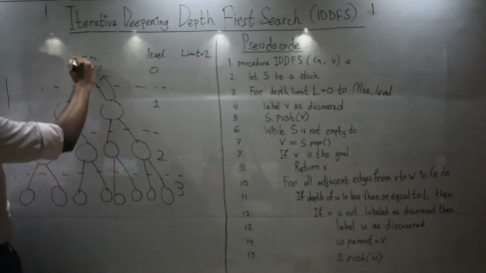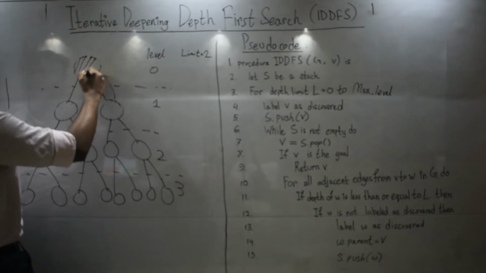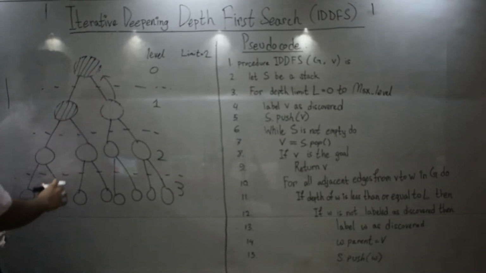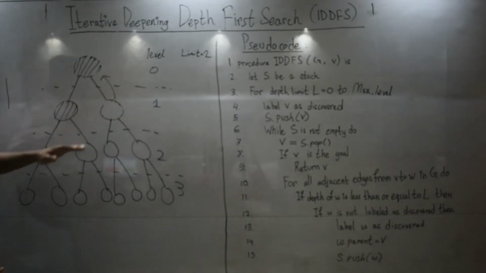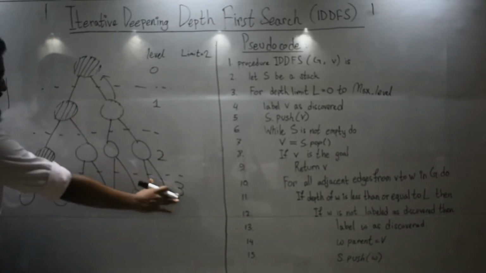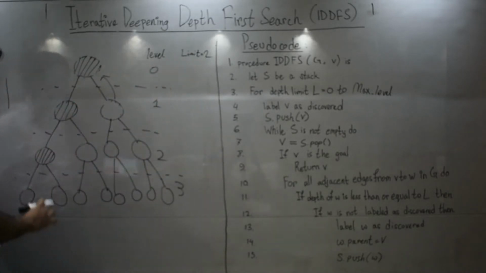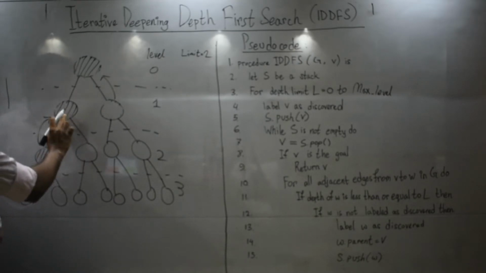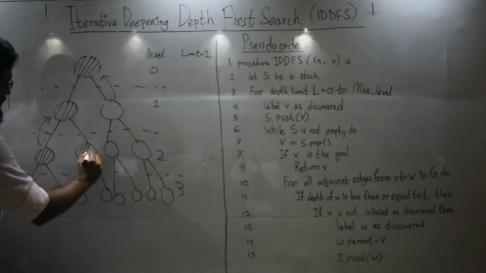At first we will visit this one and then we will visit one of its child. Now we can access the level 2 nodes. So we will visit this one. Now we cannot visit the third one because the limit is 2, right? So we will backtrack. Now we can see this node has another child. We will visit.